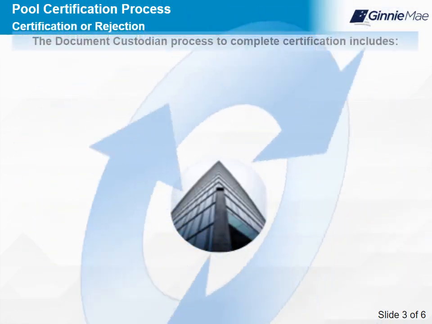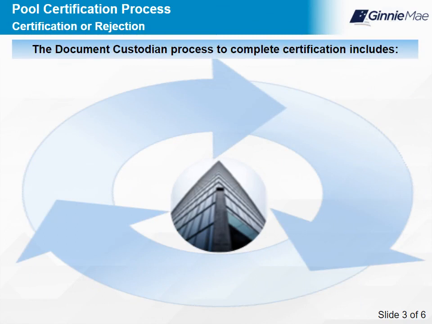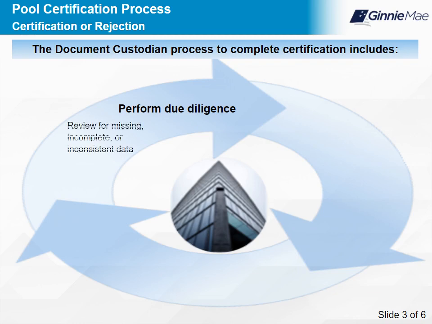Let's take a closer look at the document custodian's process to complete certification. The document custodian performs due diligence by reviewing all pools and corresponding documentation in GinnieNET for missing, incomplete, or inconsistent data.